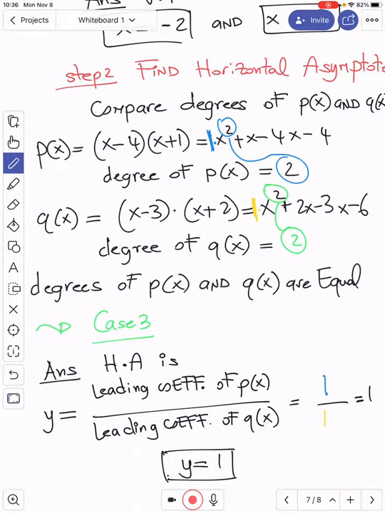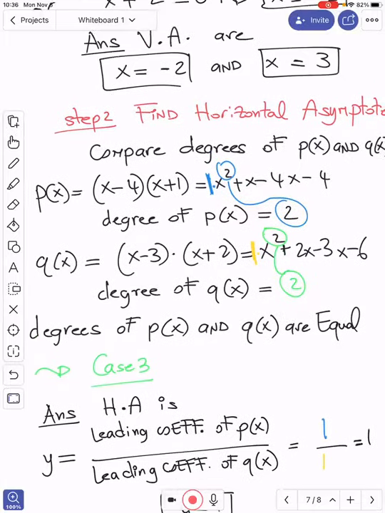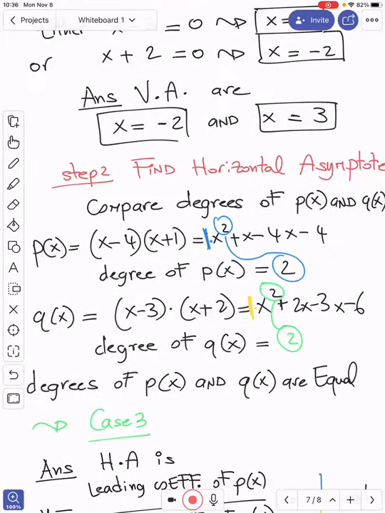Excuse me. Yes, please. You kind of lost me after comparing the degrees of P and Q. So that's what we do to find the horizontal asymptote: you need to compare the degrees of P and Q. You have to determine whether the degree of P is larger, equal, or less than the degree of Q. Do you agree that the degree of P is 2?